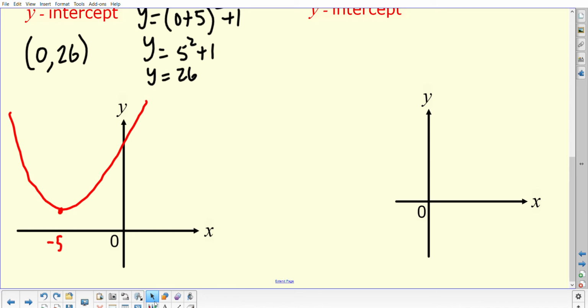So key thing, this point here, we need to be able to tell the coordinates of that point. So list them beside it, (-5, 1). And this point here is my y-intercept. And I want to be able to write the 26, the number, beside that. So let's have a go at the second one.